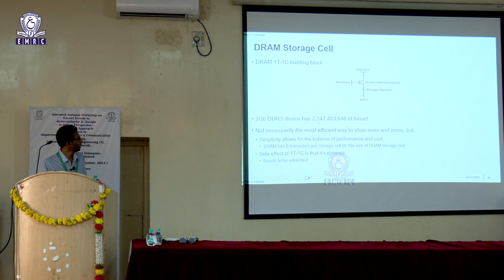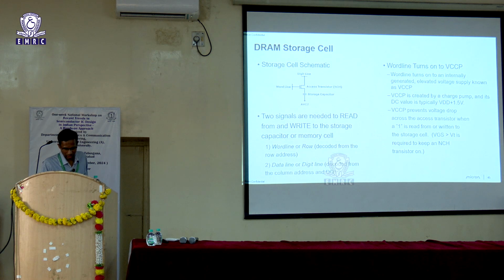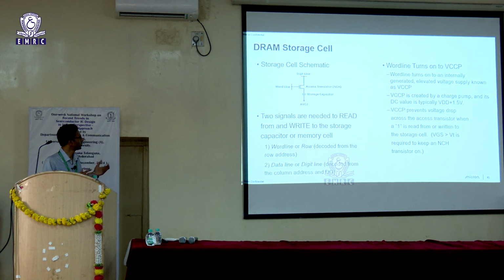The word line is accessed through your row decoding, and through the column decoding you will have the digit line accessed. I talked about the word line voltage being higher. As I said, it's typically an NMOS transistor based DRAM cell. If you want to operate this at VDD levels, your word line voltage has to be much higher than that. You would typically stack multiple cells in a row, and the row would span say 1024 cells or 2048 cells.